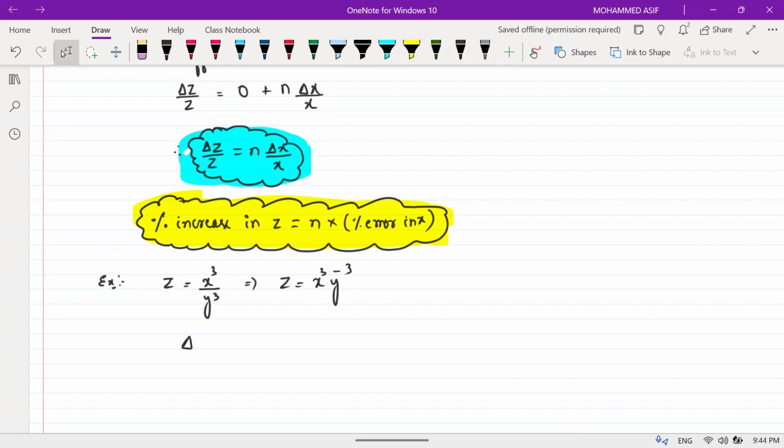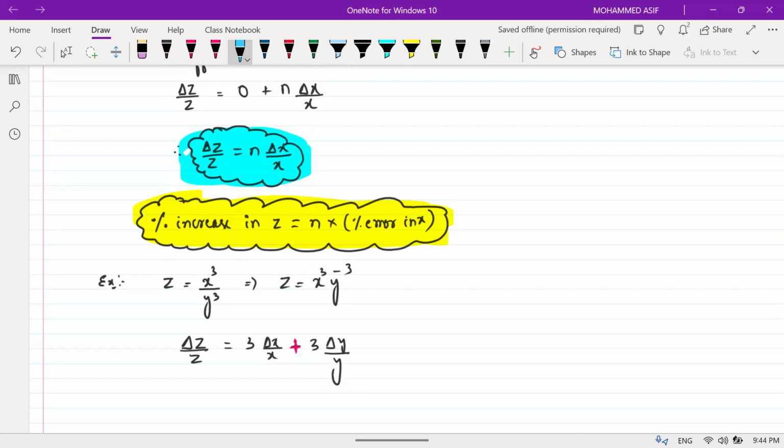So error in this is delta Z divided by Z is equal to whatever is the power for X, that is 3 into delta X divided by X. Plus, see here, actually you should take minus, beta. But error is always added. That is the reason I am taking this as plus. Try to remember this: this is plus but not minus. Again, this will be 3 into delta Y divided by Y.